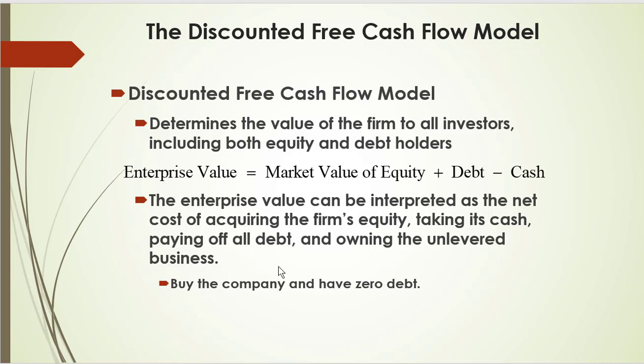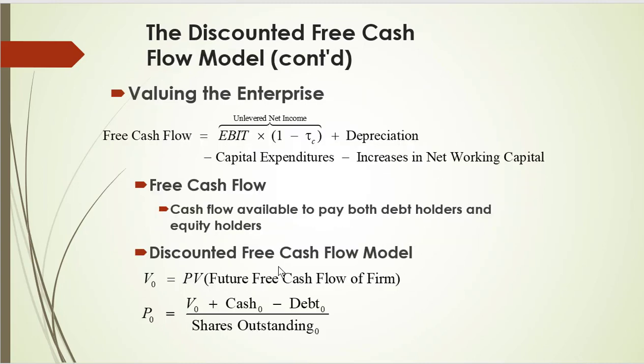So we want to find the value of the firm to all investors, including both debt and equity holders. So the enterprise value can be interpreted as the net cost of acquiring the company's stock, taking its cash for part of this purchase, and then paying off all the debt. The outcome is a company that has zero debt. So you have an all equity company when you have completed.